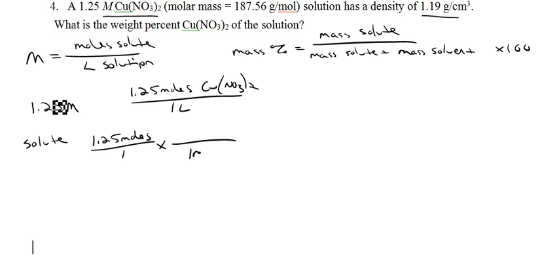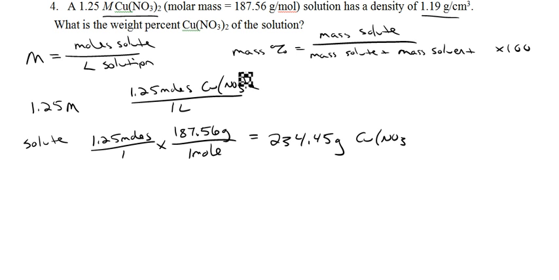So they give us the molar mass as 187.56 grams per mole. So taking the 1.25 and multiplying by its molar mass, we get 234.45 grams of CuNO3.